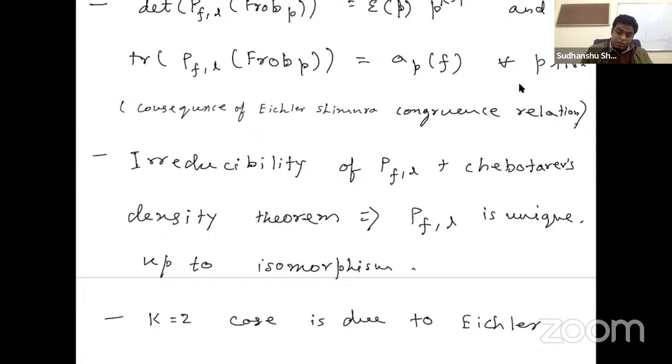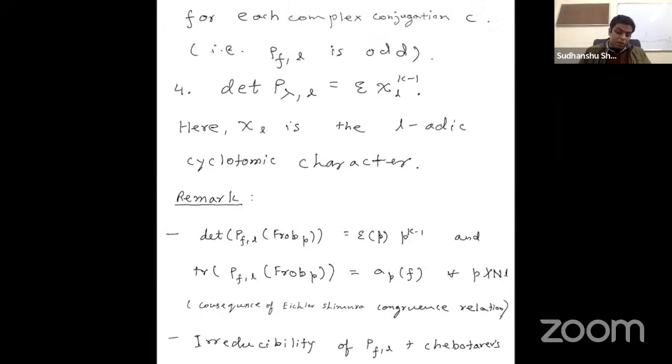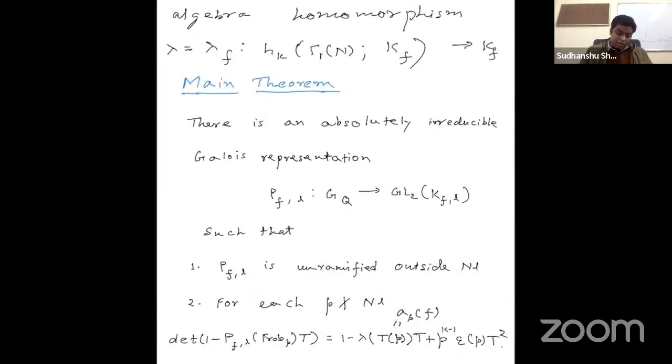So the Chebotarev density theorem one needs to use, plus this irreducibility. Using these two things, if you have any other representation satisfying the properties stated in this theorem, then it has to be the one which I am going to describe now.